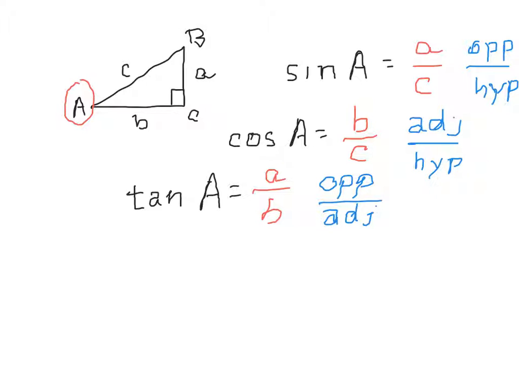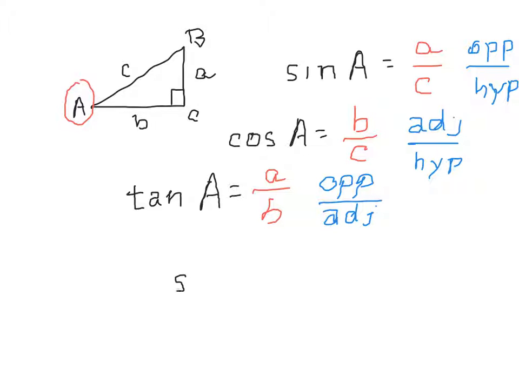Now, if you look at the first letters of opposite, adjacent, and hypotenuse, there's an easy way to remember what these 3 trig ratios are. And that is, we can use this term here, SOHCAHTOA.